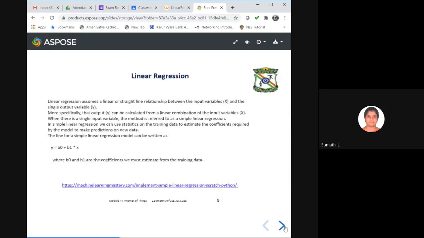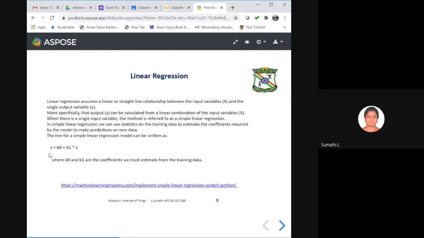Now, does this equation resemble your straight line? mx plus b, right? Now, let me see what linear regression is. Linear regression is nothing but drawing a straight line, right?